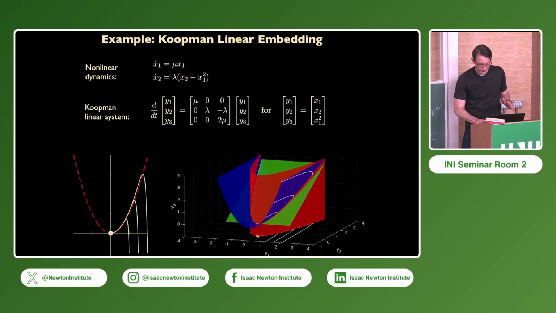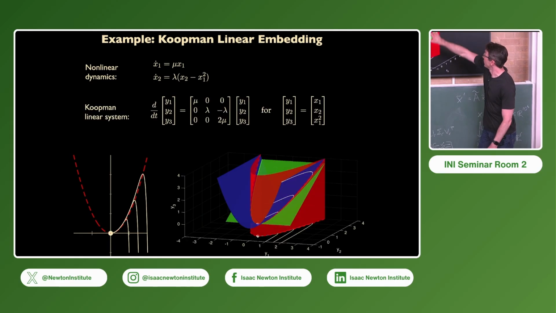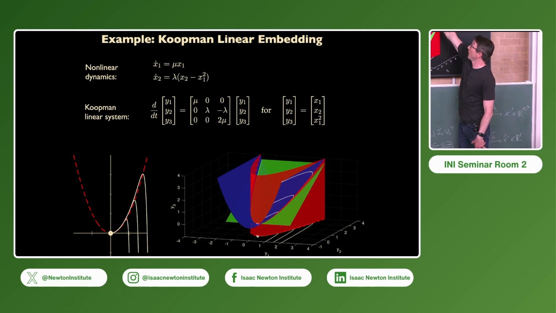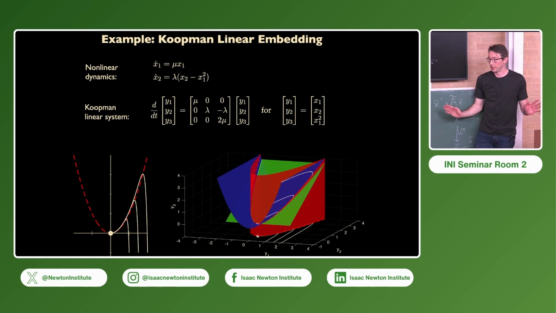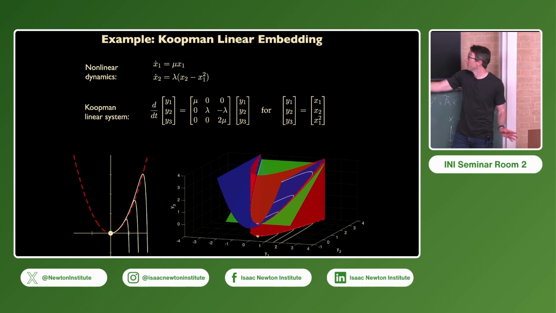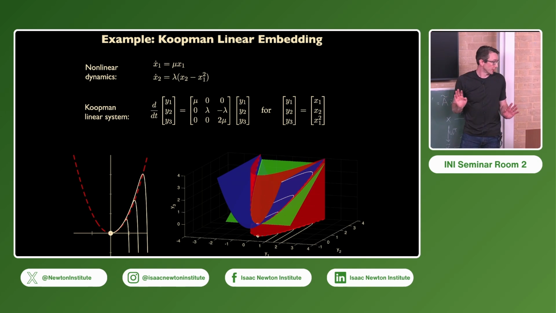How many of you have seen this example before? Okay. And this is the embedding. What we're going to do is introduce these coordinates, y1, y2, y3. y1 and y2 are just x1 and x2, no big deal. y3 is just x1 squared, the nonlinearity from my differential equation. Nothing fancy here.